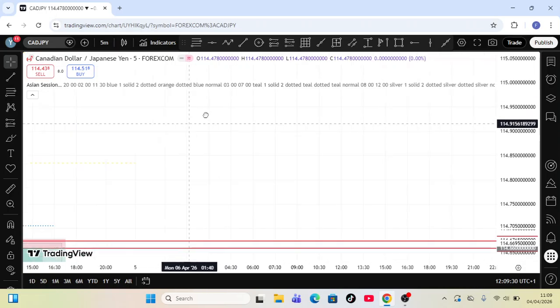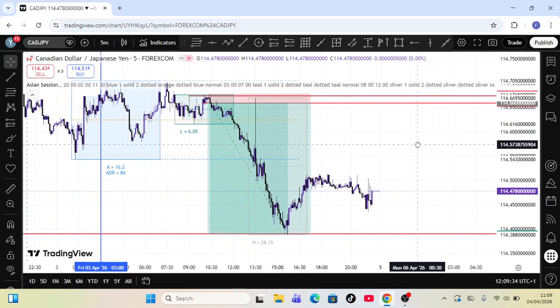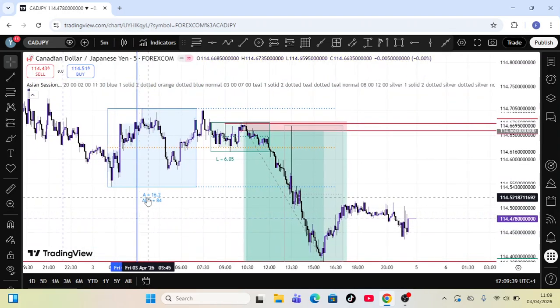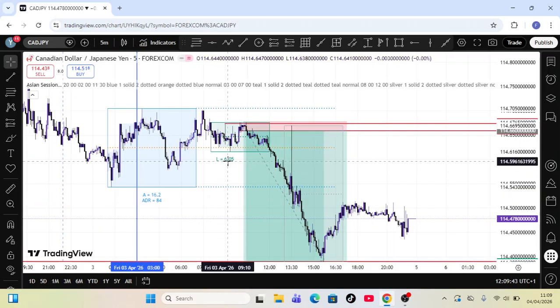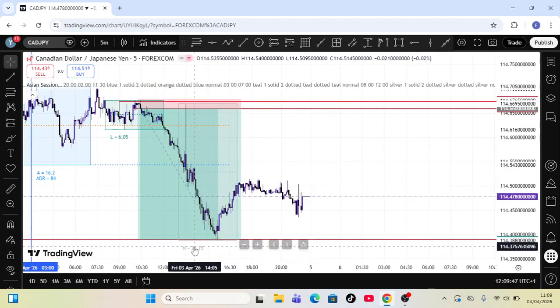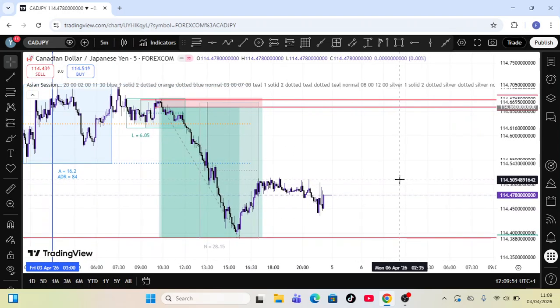You can see this A represents Asian, this L represents London, and N over here represents New York. So that's the purpose of the indicator. It has no other purpose.